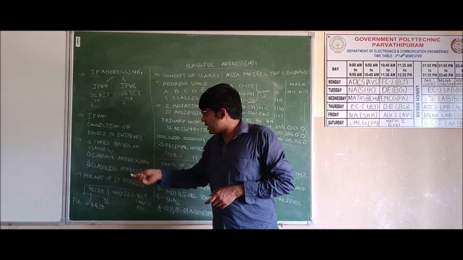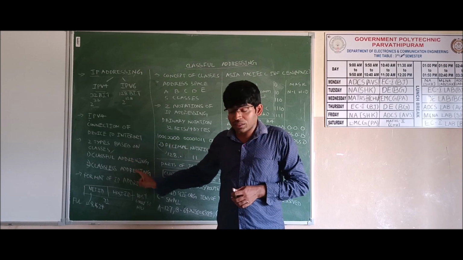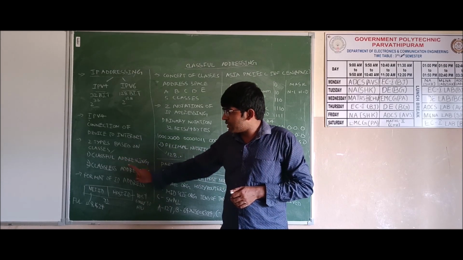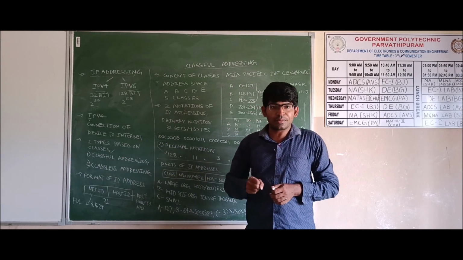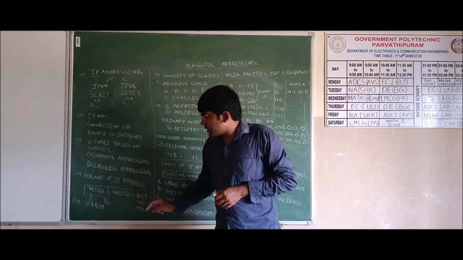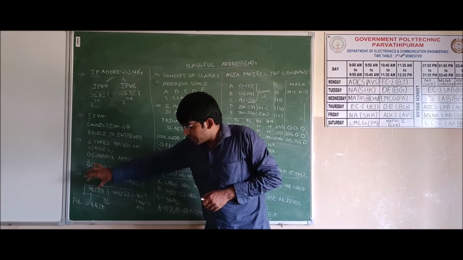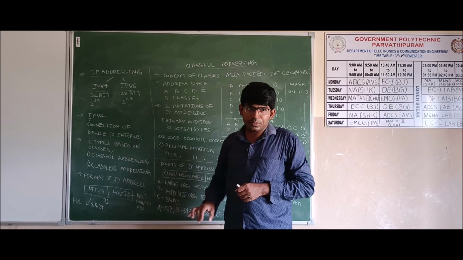Mainly these IPv4 addresses are divided into two types: one is classful addressing, the second one is classless addressing. The format of the address has the network ID and the second part, the host ID.